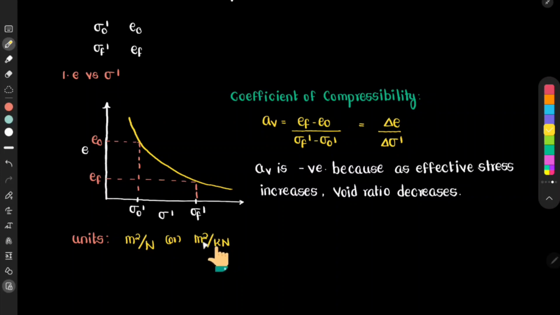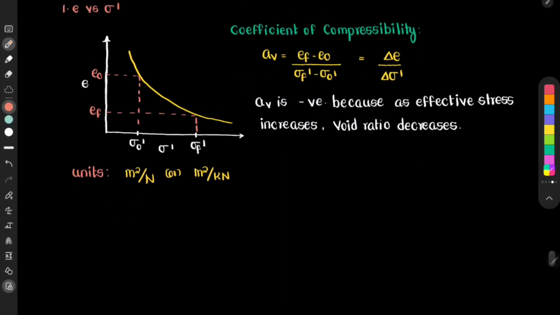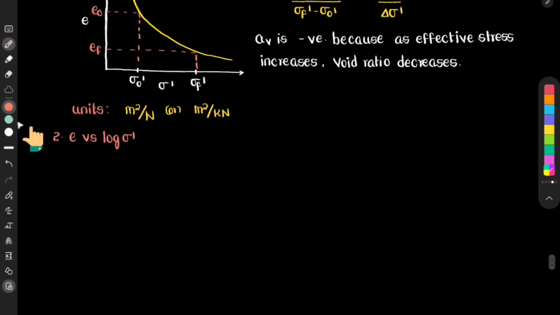Most of the time our load is considered in kilonewtons, that's why it is meter square per kilonewton. So this is the first compressibility characteristic, that is coefficient of compressibility. And then if we draw a graph between void ratio and log of sigma dash, E versus log sigma dash, we'll get another characteristic, that is compression index.